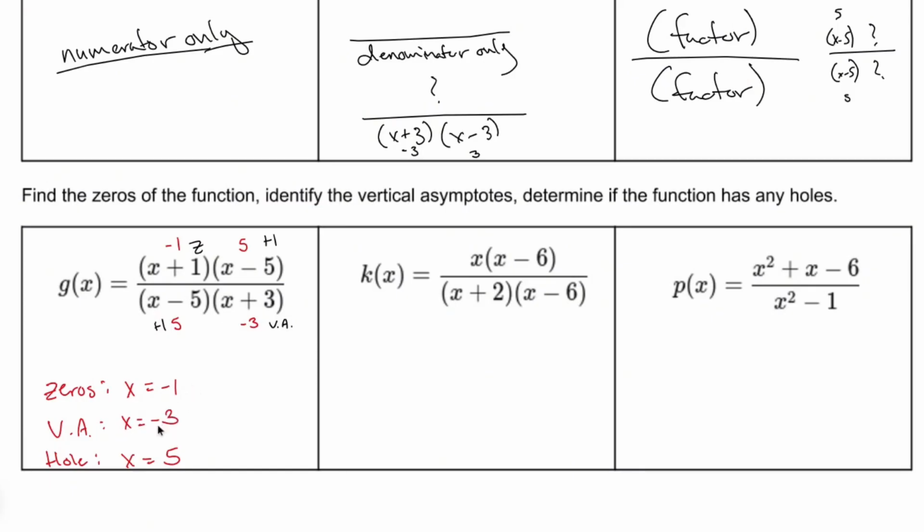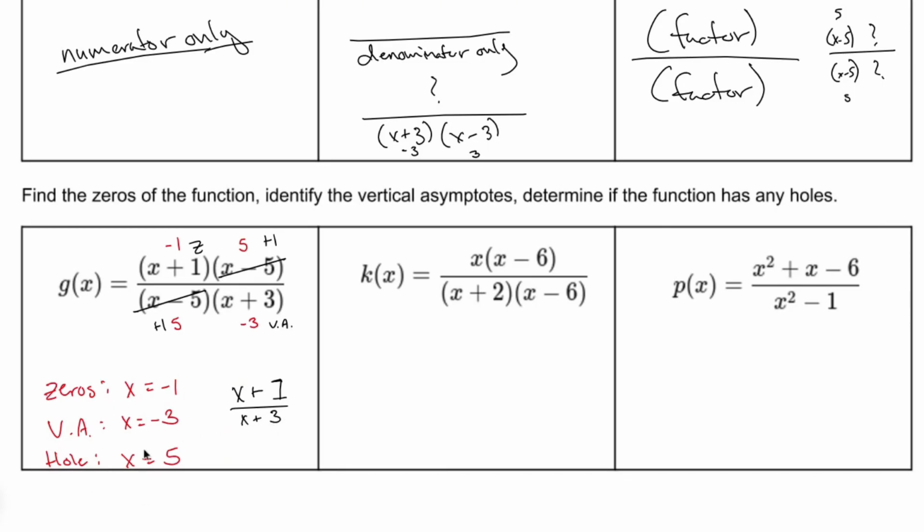Now, if you have a very picky math teacher who wants the exact value of the hole, then this is what you would do. The graph takes on the behavior of everything after you get rid of the factors. So you simplify the equation, leaving you with x plus 1 over x plus 3.